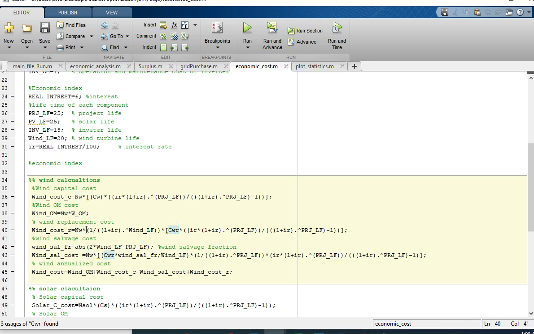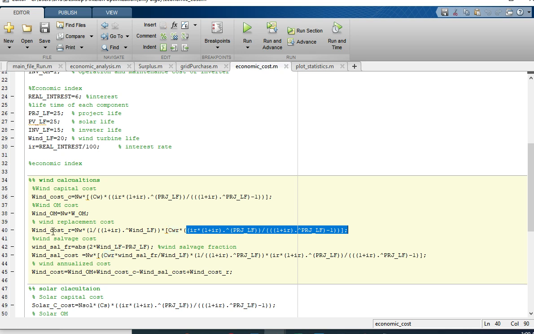This factor is used for the replacement fraction, 1 over 1 plus interest rate raised to the power of component life, that's wind life in our case, multiplied by its replacement cost per wind turbine, and this is again a capital recovery factor.